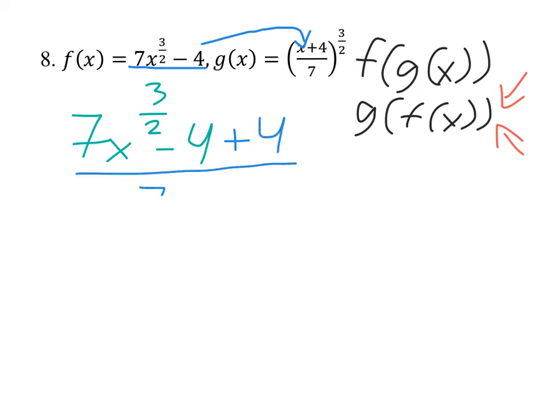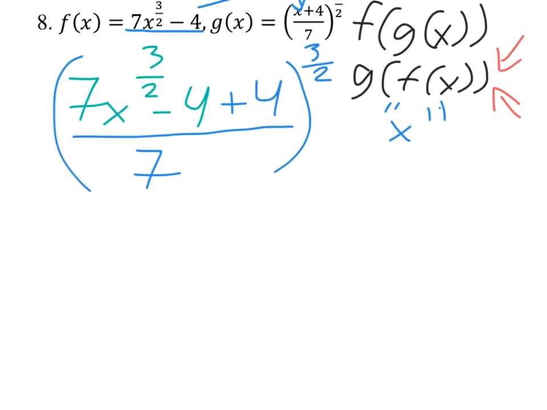We need a divide by 7. We need that exponent out there, 3 over 2. And now we solve it. Our goal, if this is an inverse, is to get x by itself as our final answer. If we get anything that's not x by itself at the end, this is not an inverse.